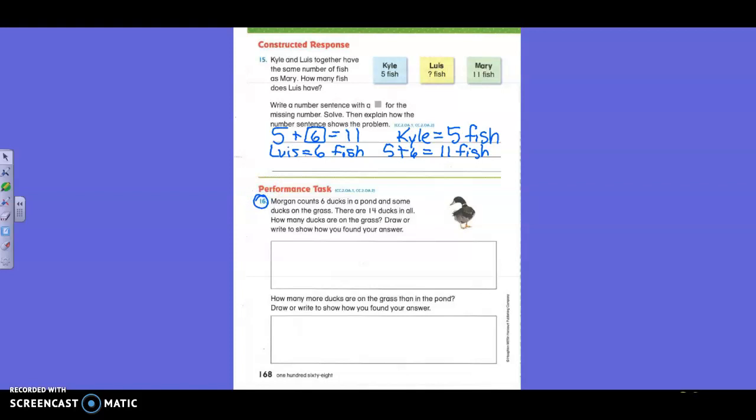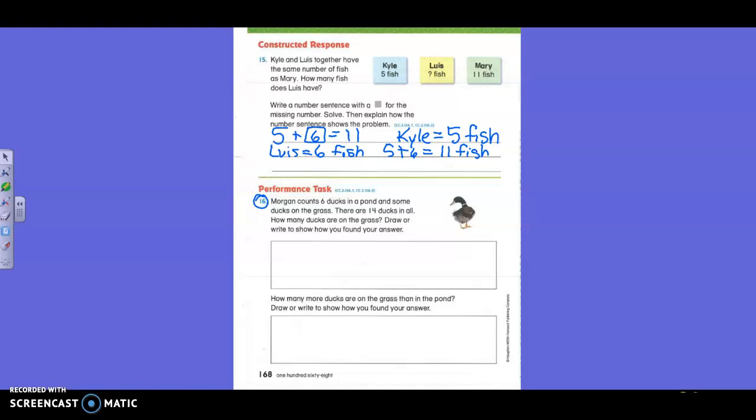Performance task. You're going to have to do one like this too. Let's read it. Morgan has 6 ducks in a pond and some ducks on the grass. What is that telling us we're going to be doing right now? We'll probably be adding, but we will have to make a number sentence that has a box, because they didn't tell us how many are in the grass.